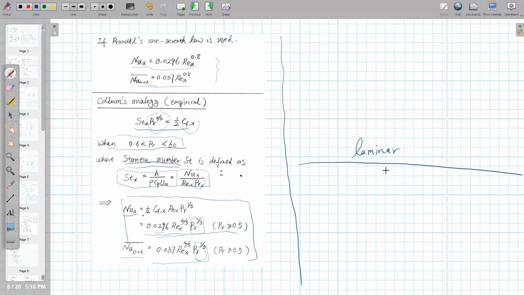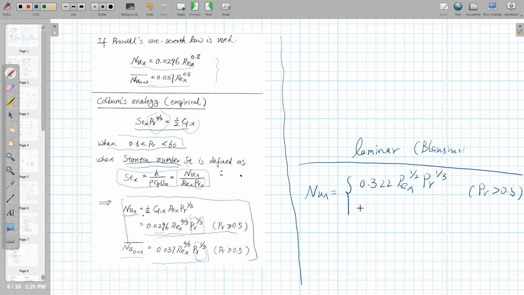For the laminar cases, if we're using Blasius, the Nusselt number of x will be equal to 0.332 Reynolds number x to the 1/2, Prandtl number to the 1/3, for Prandtl number larger than 0.5.